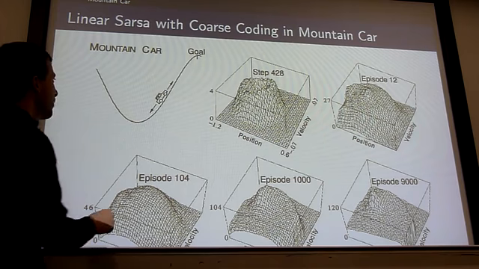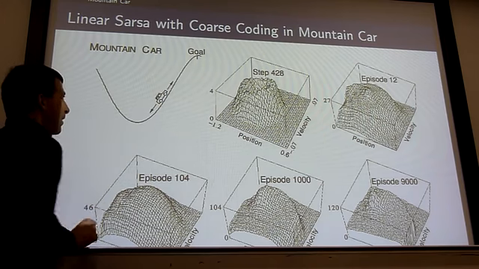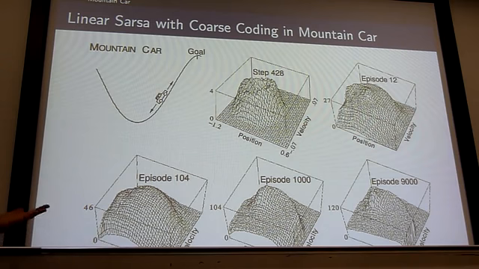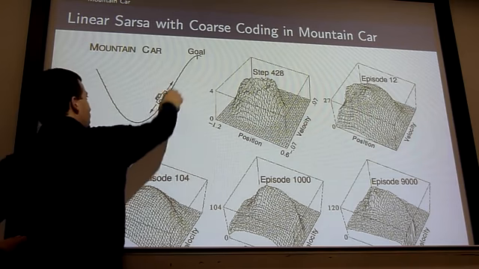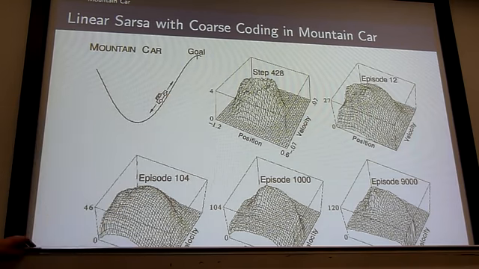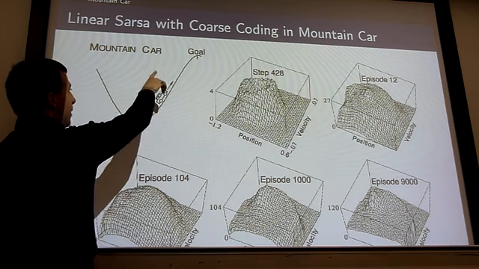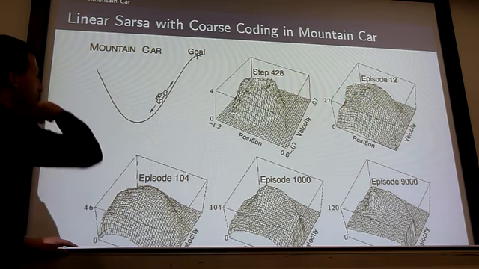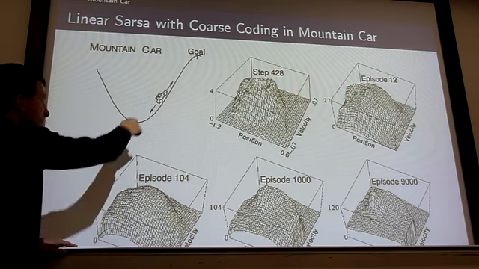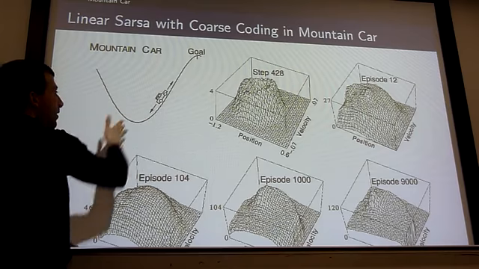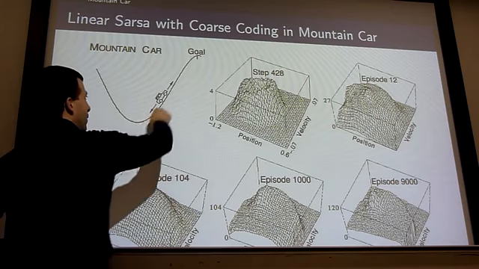The idea of the mountain car is you've got a car and its state is represented by its one-dimensional position on this curve and its velocity. So again, it's just one-dimensional, how fast it's going. And the idea is that this car doesn't have enough thrust to directly get out of this big valley.